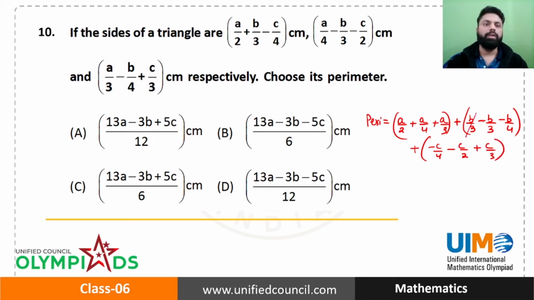So b upon 3 plus and b upon 3 minus will get cancelled out. The LCM of 2, 4 and 3 is going to be 12.